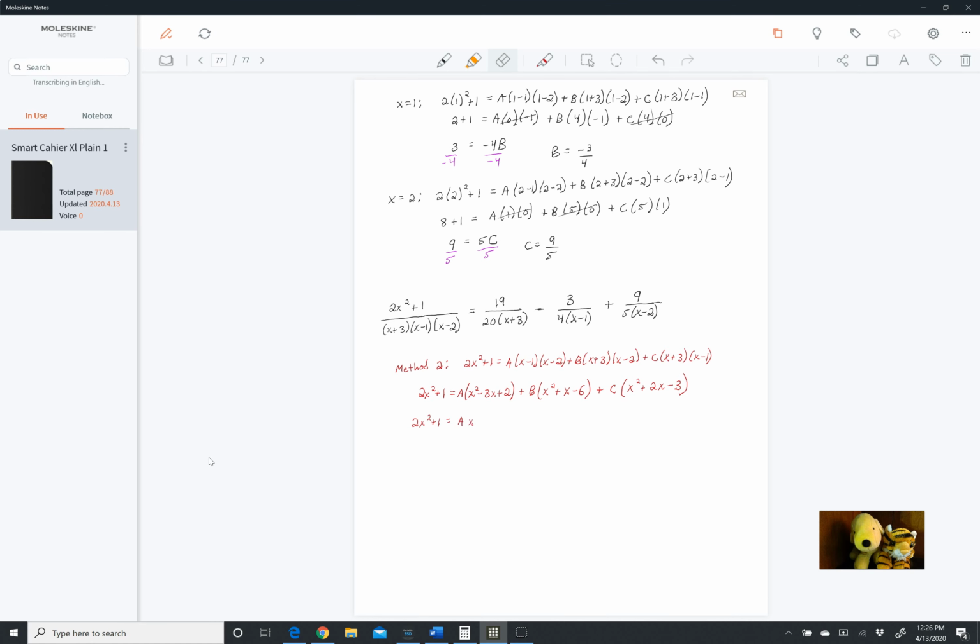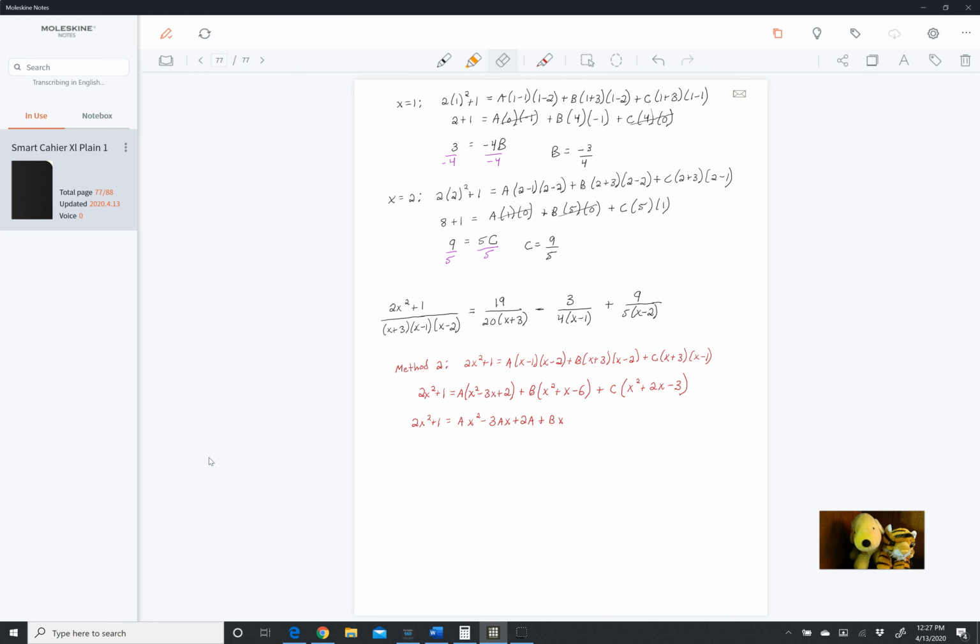So we have ax squared minus 3ax. Notice I put the 3 first. There's not any specific reason for that other than it looks nicer. Plus 2a. Then we distribute the b.